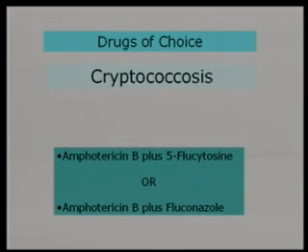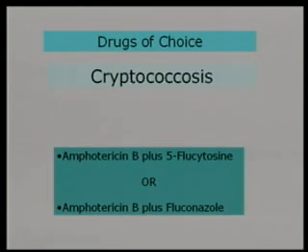I think I have a typo in your notes there. Amphotericin B plus 5-flucytosine and amphotericin B plus fluconazole. I think on the second part of your notes somewhere I put flucytosine twice, so if you'd correct that. Anyway, it takes two drugs. The amphotericin goes in there and makes the cell wall permeable, and then the other agent maintains it.